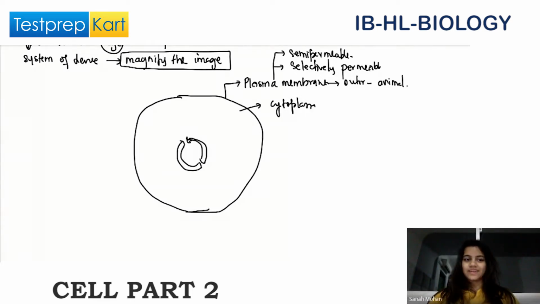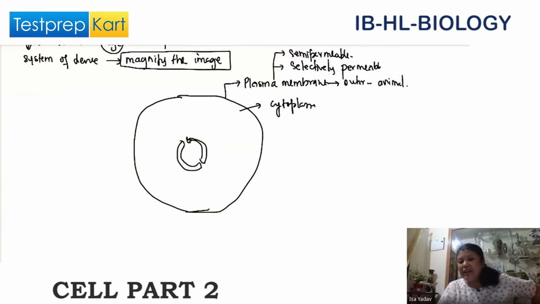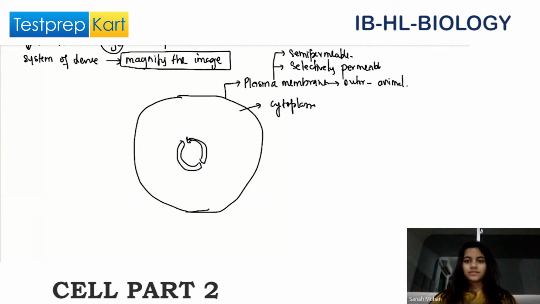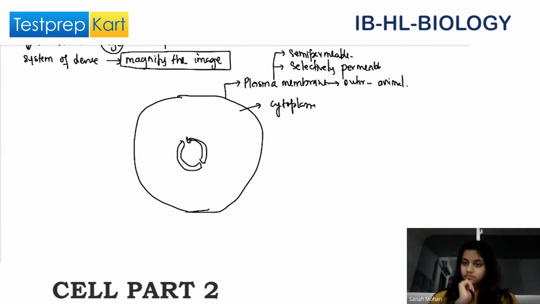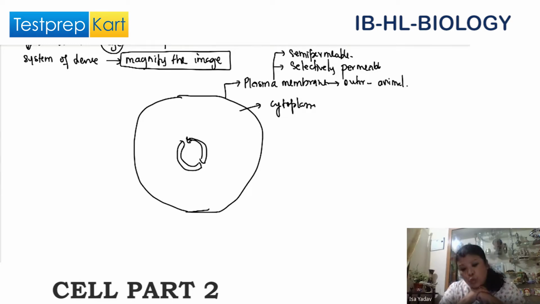Semi-permeable means the plasma membrane will not allow all substances to pass through. It will allow only some substances to go inside.